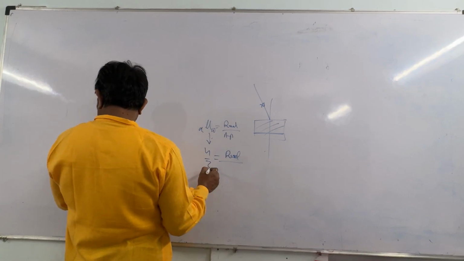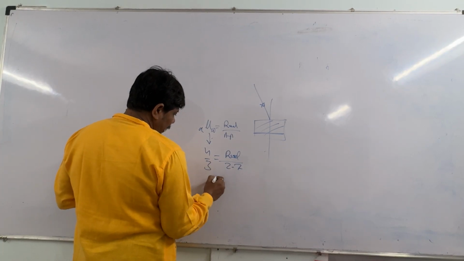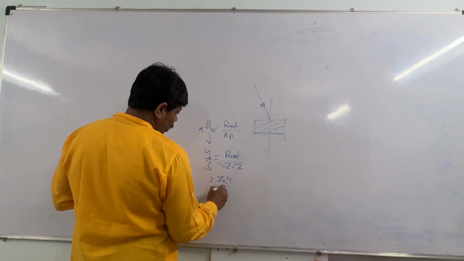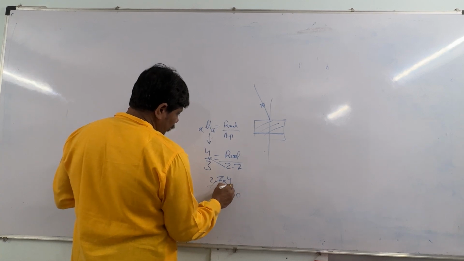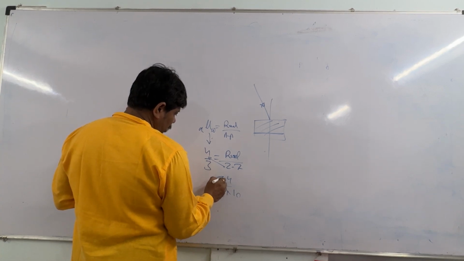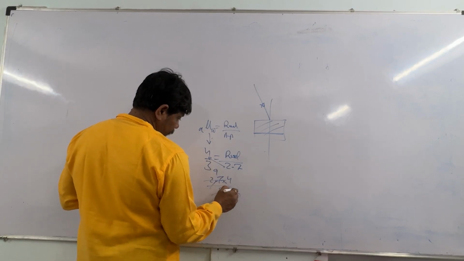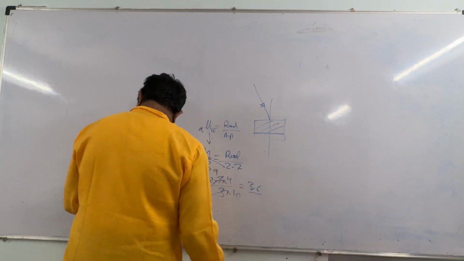So the apparent depth is 2.7. You can multiply 2.7 into 4 upon 3. 9 3s are 27, so you will get 9, 4 9s are 36, so 3.6.